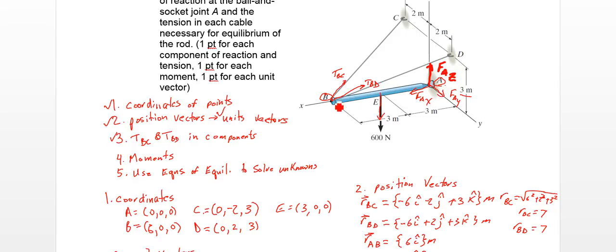Or, since they're acting at the same point, we can add these forces together and get a resultant force. That resultant force would be acting something like this. We don't know for certain, but we could figure that out. We'd have our tension BC times its i component plus our tension BD times its i component, and put that quantity in the force line of our cross product.